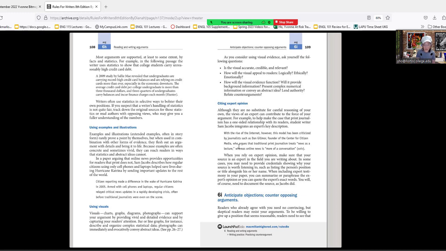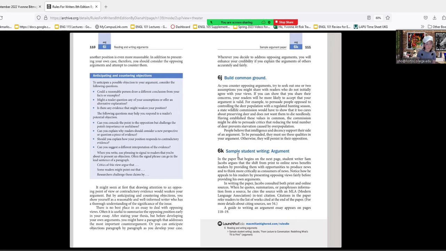Anticipate objections. Counter opposing arguments. In other words, write a counter-argument paragraph and a rebuttal paragraph. And so write about what the other side thinks. To anticipate possible objections to your argument, consider the following. When you write your counter-argument paragraph, think about these questions.